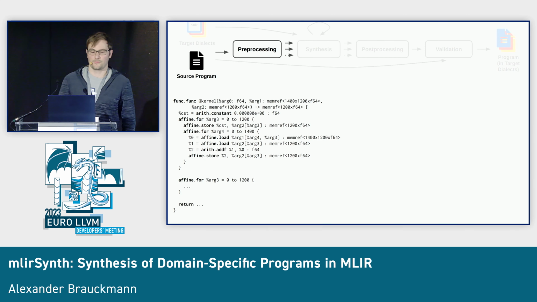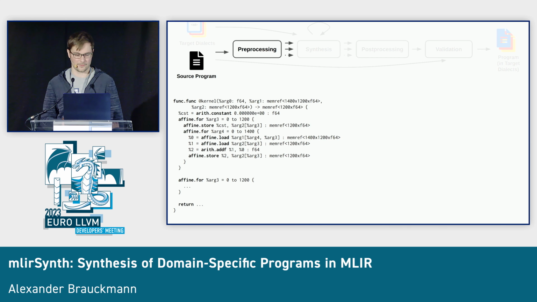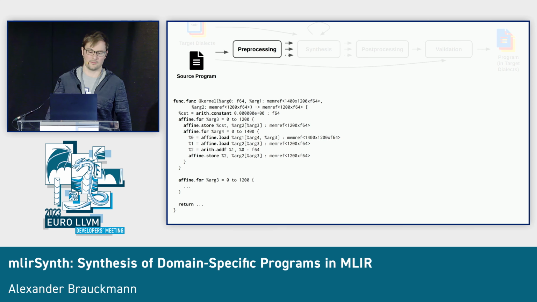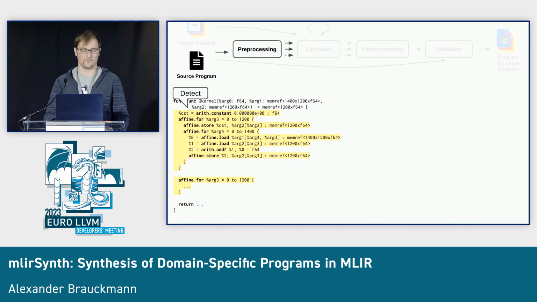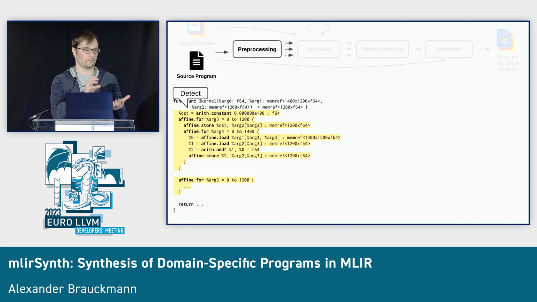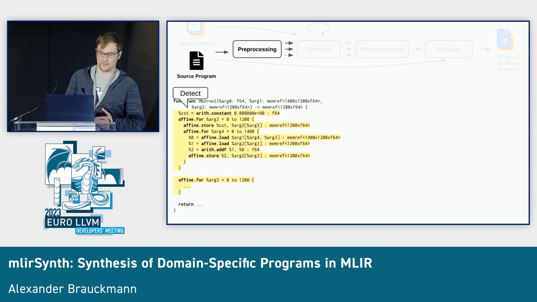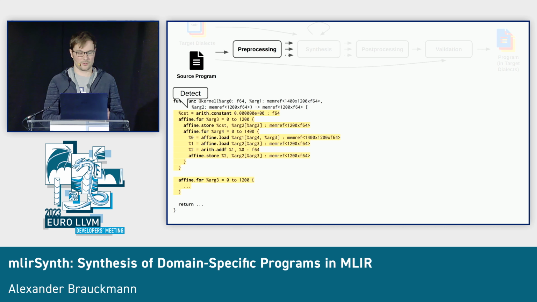First, the preprocessing. This is a kernel function extracted from PolyBench with Polygeist in the affine dialect. We first identify some candidates, or loops that can be raised to a high-level language. In this case we have a simple heuristic: we detect regions that are affine loops and perform operations on memrefs.